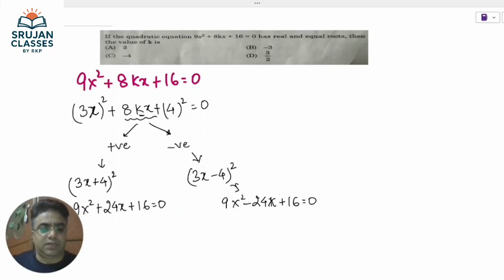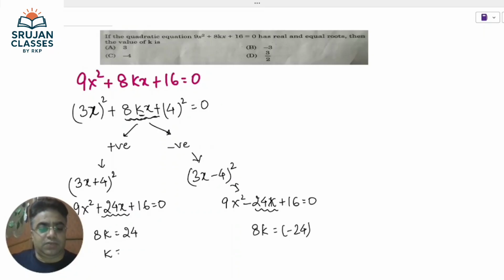Now if I compare the first part, I'm going to compare this 24x and this 8kx. So I can easily write that 8k is equal to 24, and in this case I can write 8k is equal to minus 24.